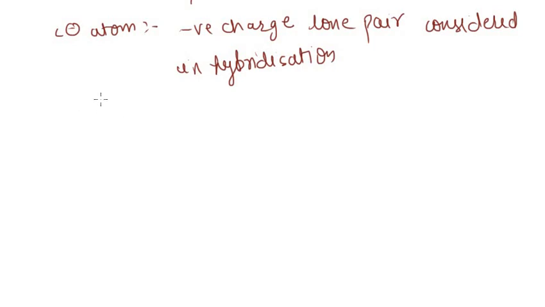Because if we have CH4, we say that it has sp3 hybridization because there are 4 sigma bonds. When hydrogen leaves as H plus, it gives the negative charge to carbon, so it becomes a lone pair, so still its hybridization is sp3.